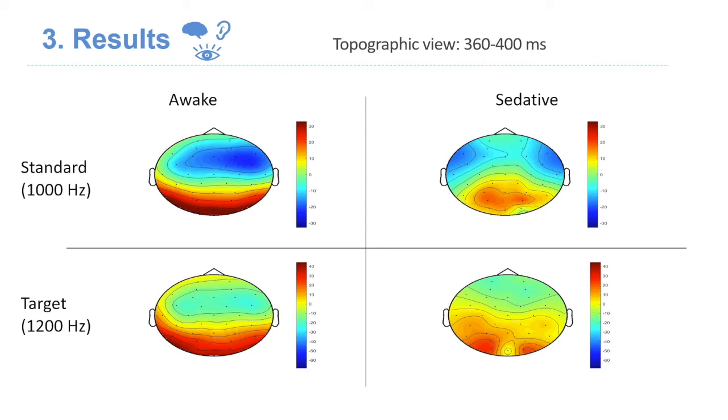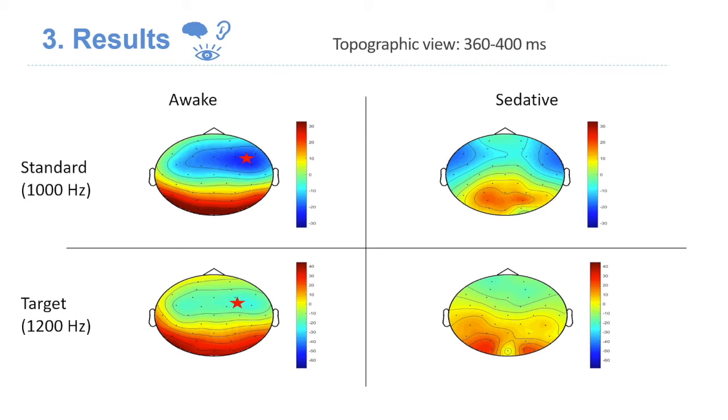Topographic distribution of ERP amplitude in the 360 to 400 millisecond latency range is shown in this slide. The left figure is the average ERP distribution in the arousal state. A color shift of the curve indicates the areas of positive-going ERPs. Peak amplitude can be observed in the central regions in the awake state.